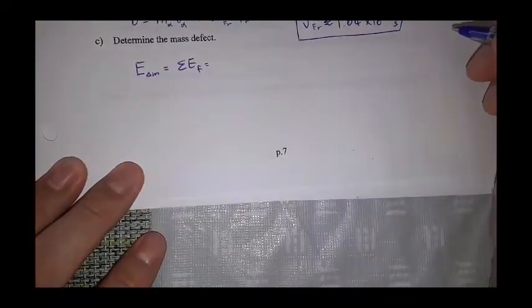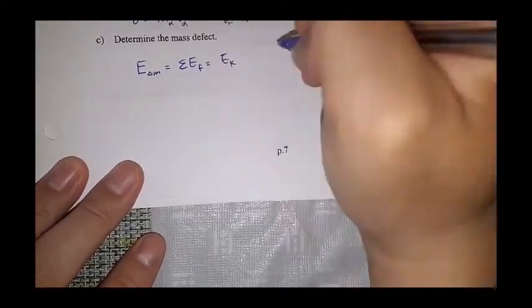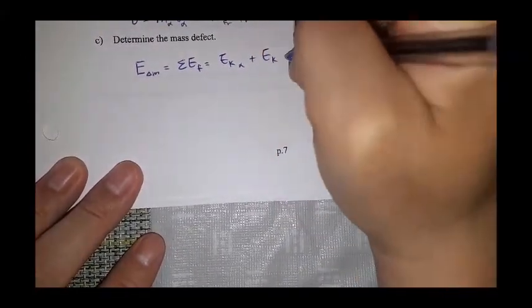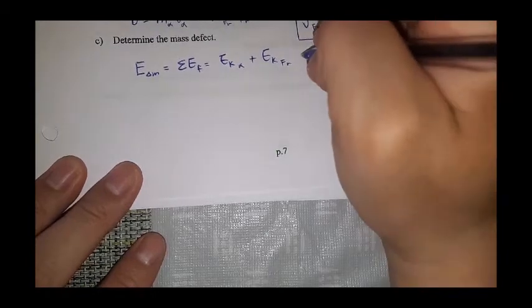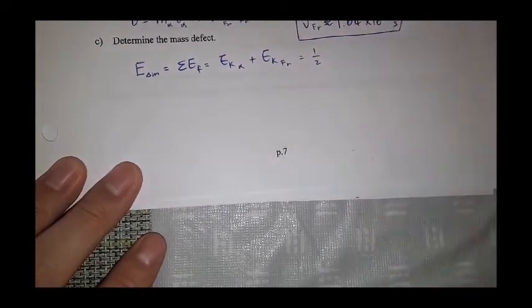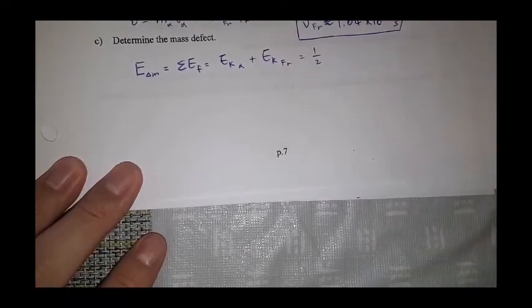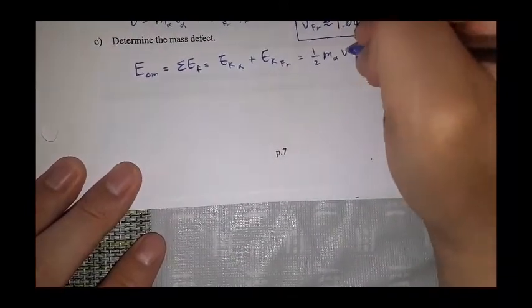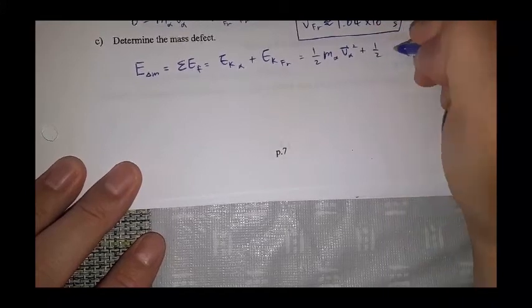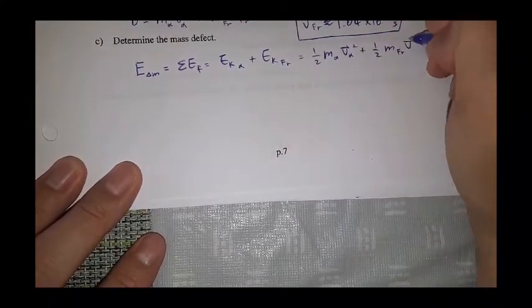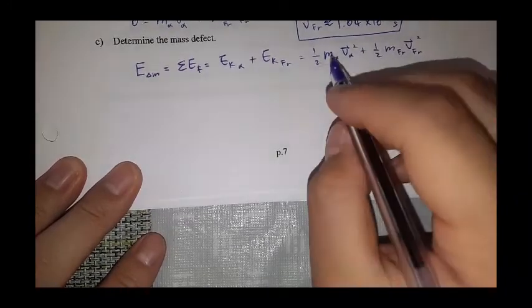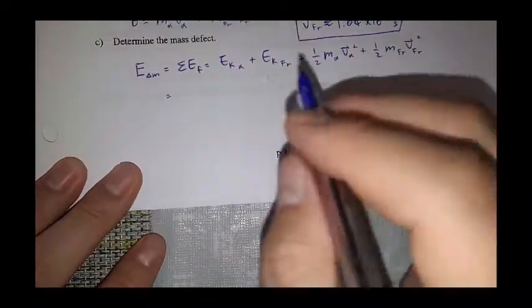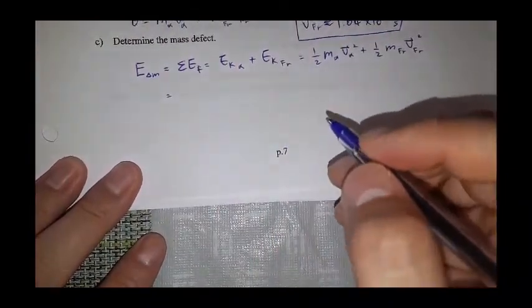The reason I know is because we have the kinetic energy of the alpha particle and the kinetic energy of the daughter nucleus, which is francium. So I can actually do 1 over 2 m v squared, 1 over 2 m alpha v alpha squared and 1 over 2 m francium v francium squared, something like that. So we can punch these numbers in to find out the total final energy.